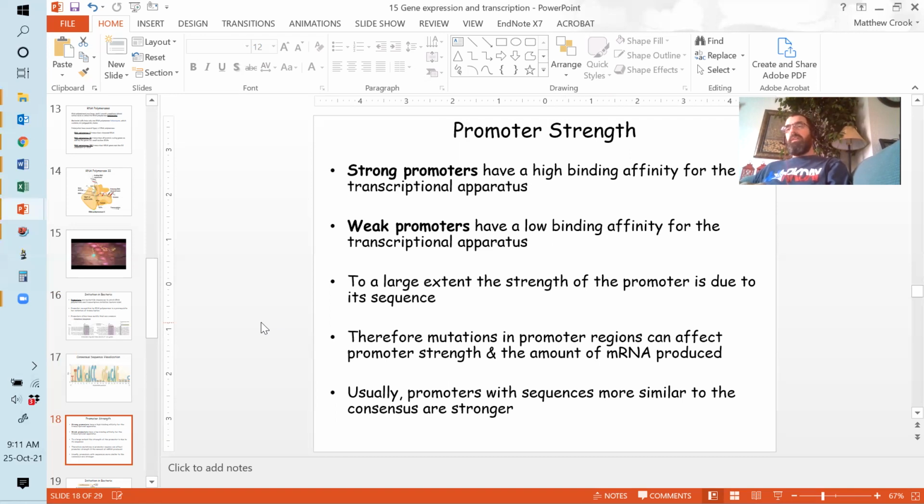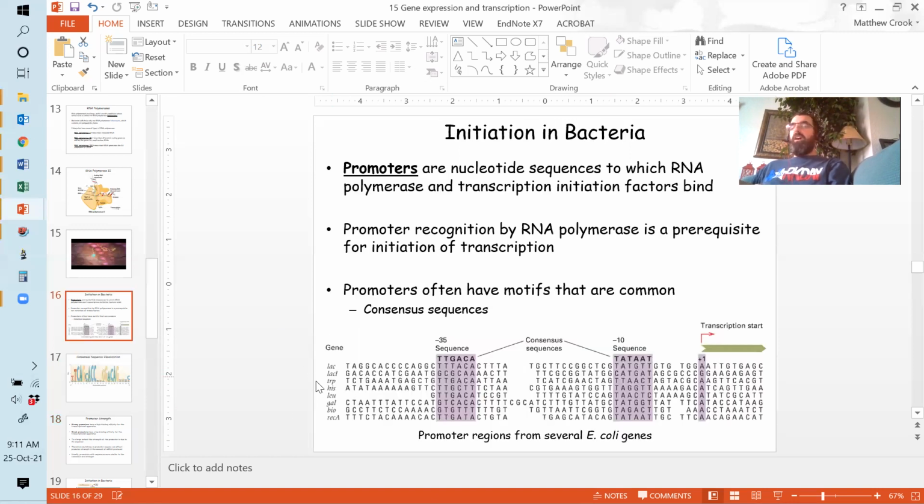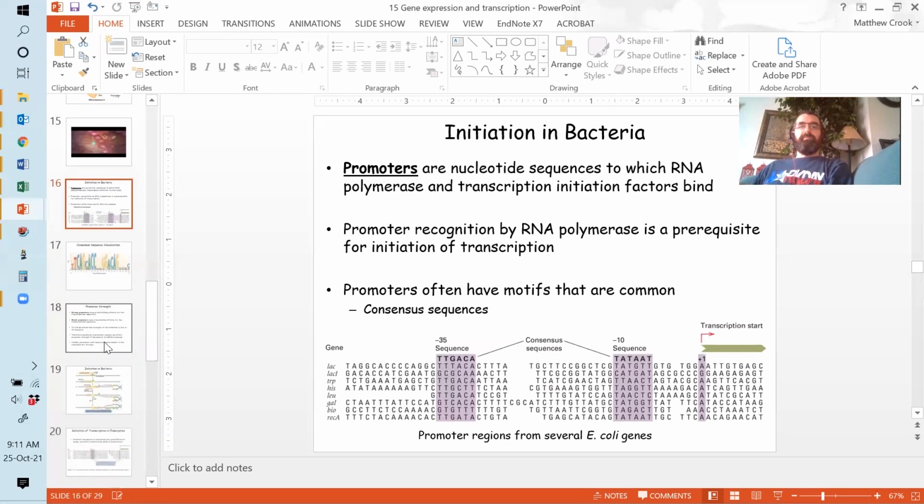In many ways, the reason LAC-I has a divergent consensus sequence is because it doesn't actually matter. If there's a mutation in the consensus sequence for LAC-I, you don't need a lot of it, so there's no selective pressure to weed out those mutations. And so that's how it diverges, essentially.